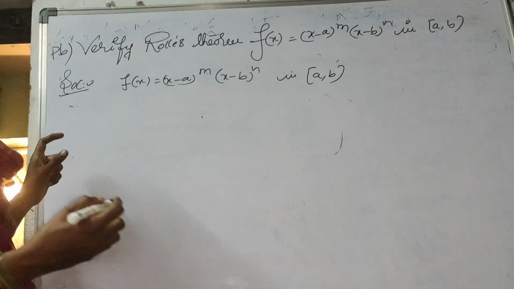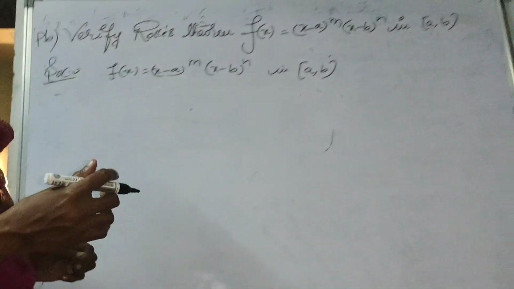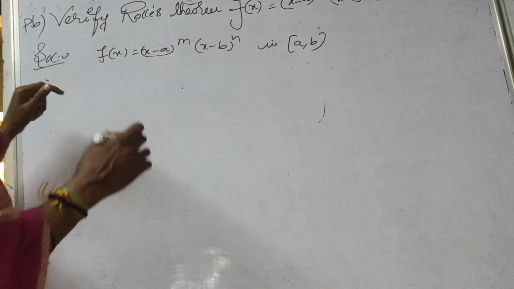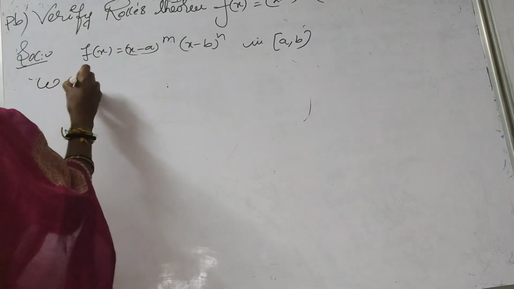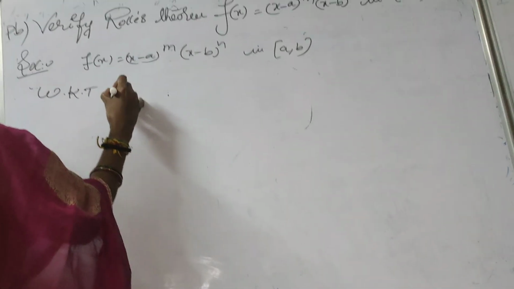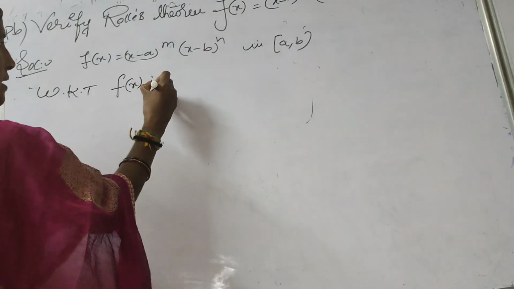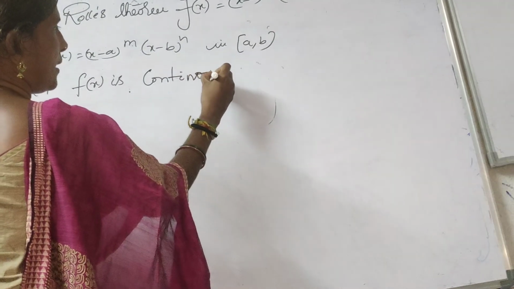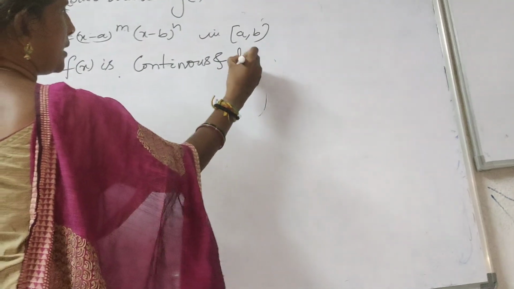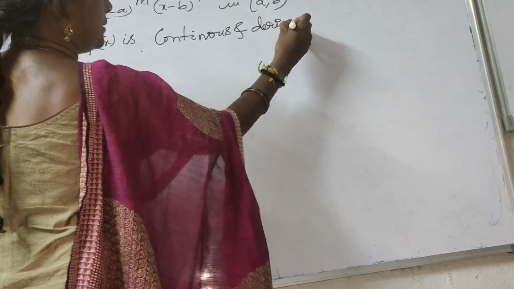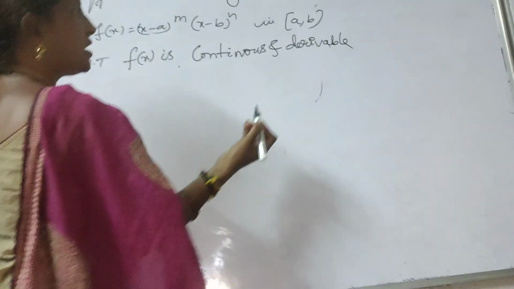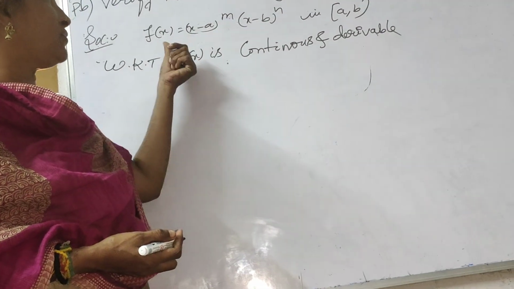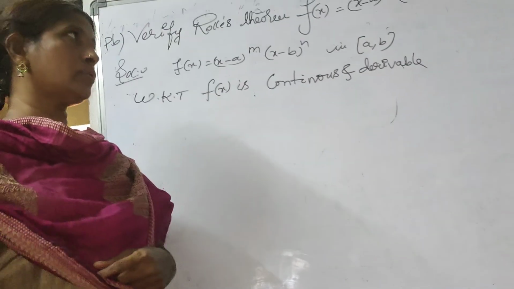Already we know Rolle's theorem states that the given function f of x is continuous and derivable, and f of a equals f of b. Verify that the given function satisfies f of a equals f of b.